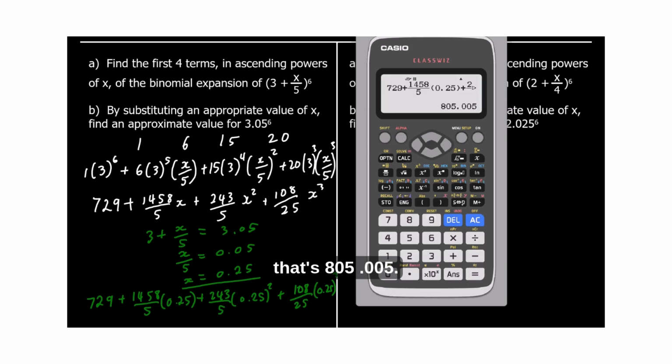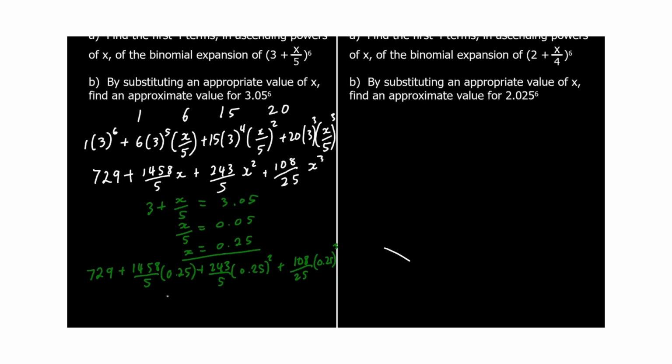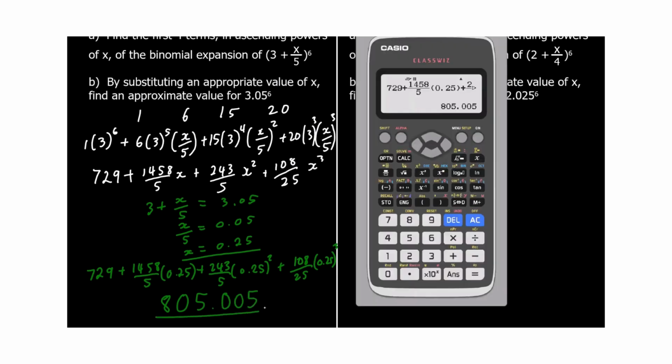And that's 805.005. And 3.05 to the power of 6 is 805.005 8494.